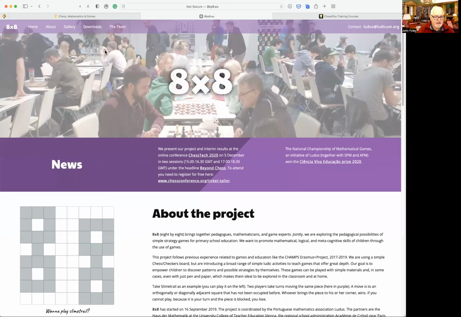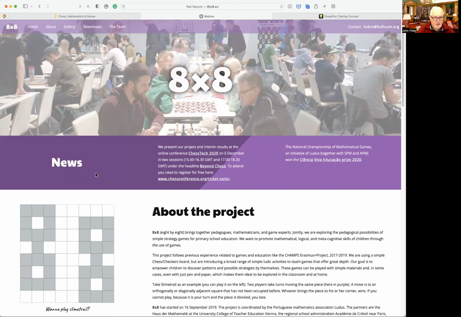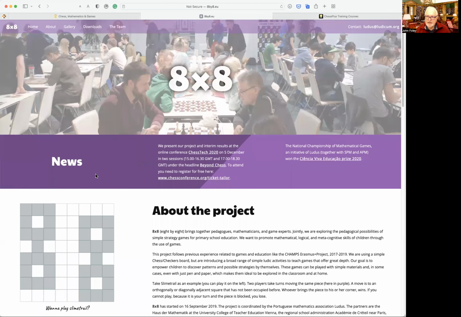We were able to get funding, first of all, to select the appropriate games, and then to test games in the classroom with children across Europe, and also to assess how the children are able to formulate strategies in playing these games.